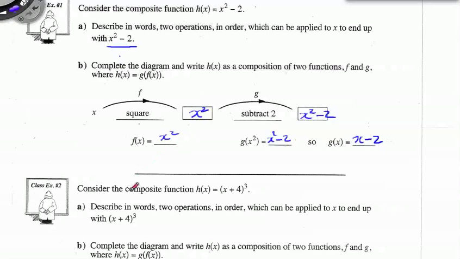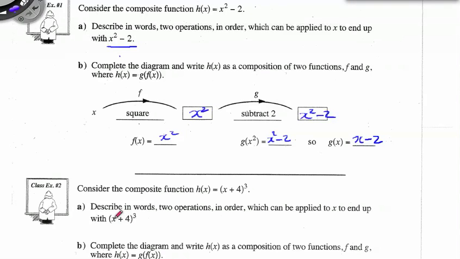Okay, class example 2. Consider the composite function h of x equals x plus 4, cubed. Describe in words two operations, in correct order, which can be applied to x to end up with this. So the trick is to look at x and see what happens to it first.